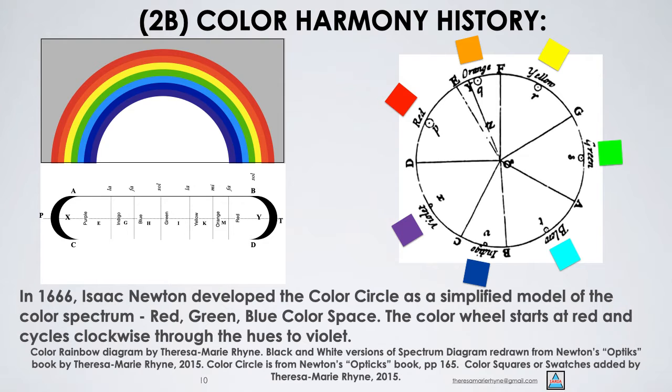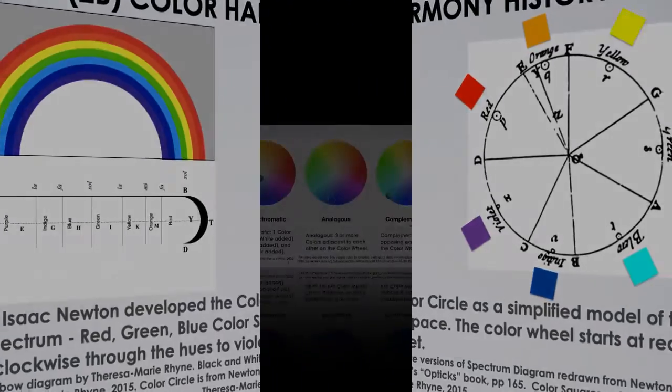And I added the little swatches of color so that you could recognize how he did his color wheel. You'll notice that he didn't put my color magenta on the color wheel. That is the color between violet and red that you'll see there. It would not be until the 1800s that Goethe put magenta on the color wheel. But we'll go on anyway.